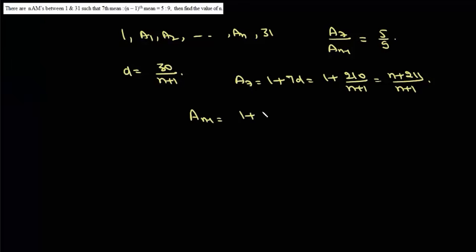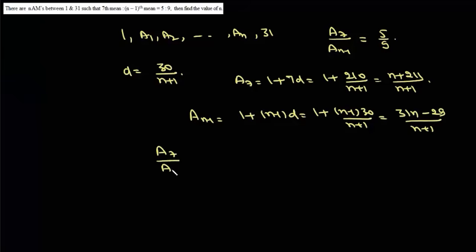So it will be 1 plus (n minus 1) into 30 upon (n plus 1), which is (31n minus 29) upon (n plus 1). Now if we take the ratio a7 upon a(n minus 1), here n plus 1 will cancel, we get (n plus 211) upon (31n minus 29) as 5 by 9.